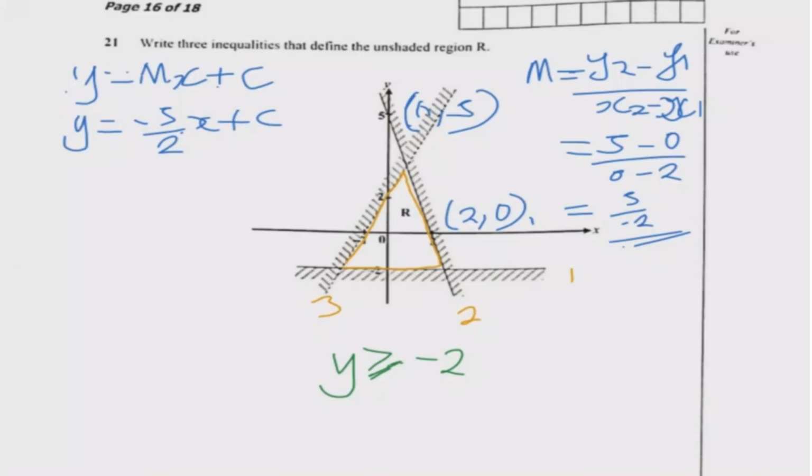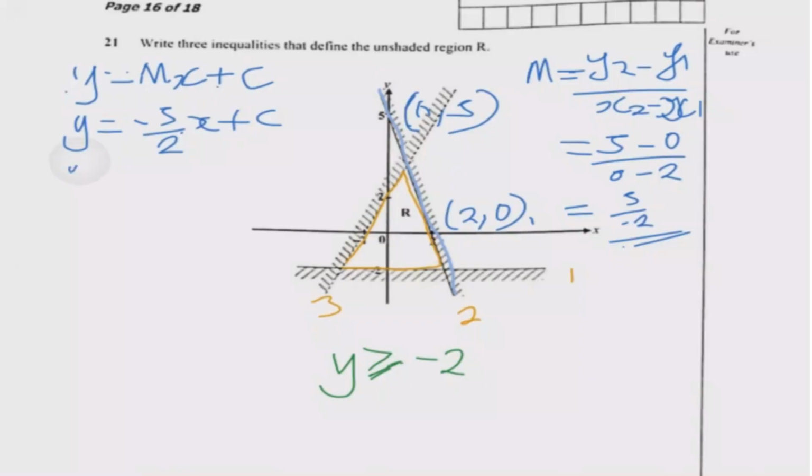Now for the constant, where is this line passing through the y-axis? It is passing on 5. This is the line I'm working on, and it passes the y-axis on 5. So the constant will be 5.